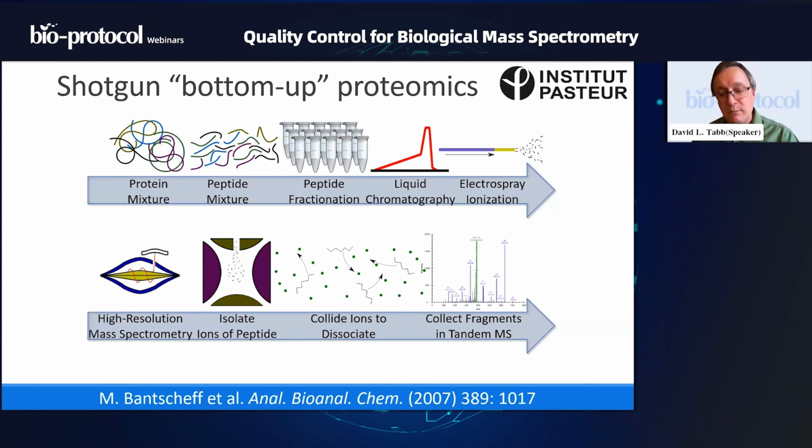But the rest of this slide is devoted to tandem mass spectrometry, which is to say that we're going to isolate ions of a particular peptide. Now, we didn't tell the mass spec in advance which ones to sample. It saw that a particular peptide was available at this moment in time and was relatively intense in the mass spectrum.